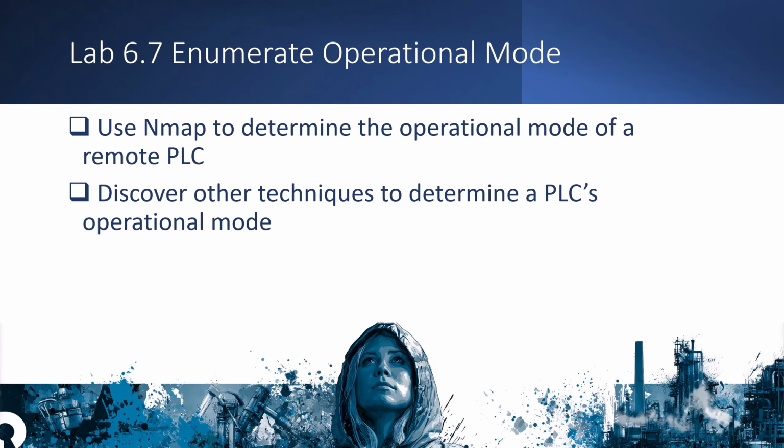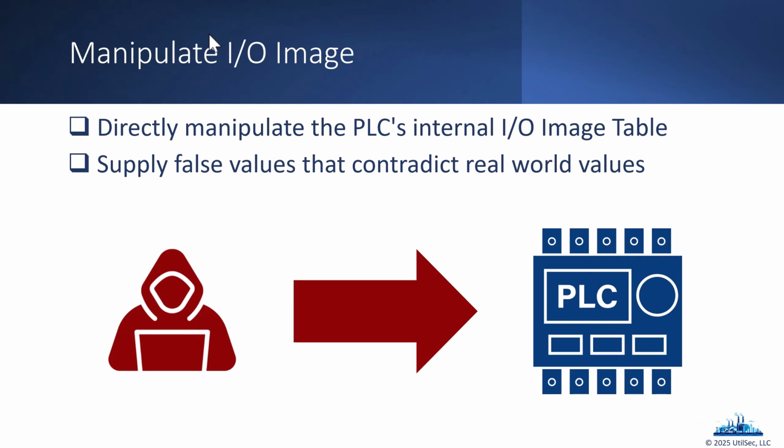Again, that's Lab 6.7. When we talk about manipulating I/O image, remember when we say I/O, we're talking about inputs and outputs. Remember, inputs are the data we have coming in to a PLC, in this case, from sensors.